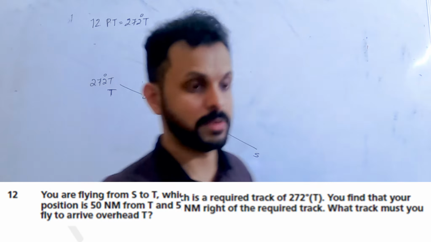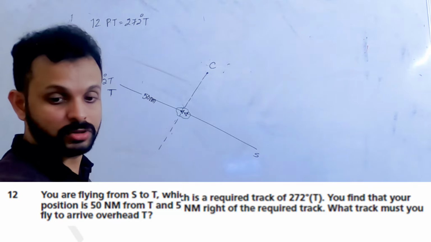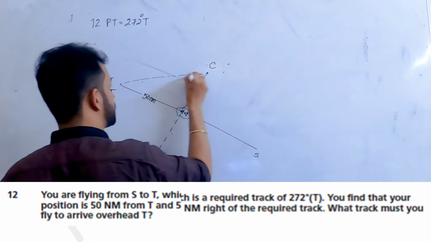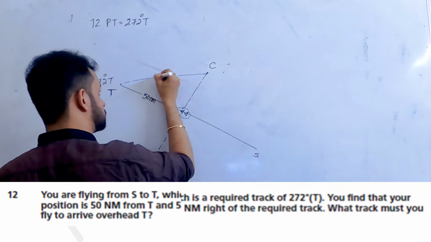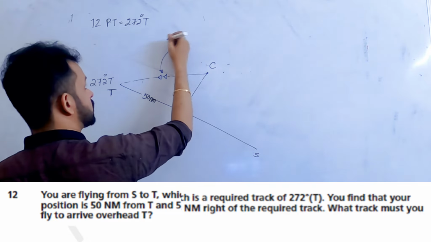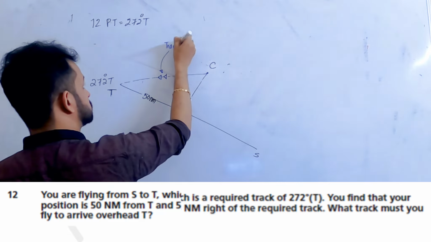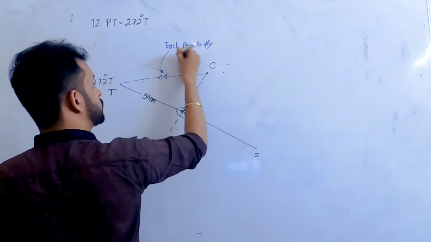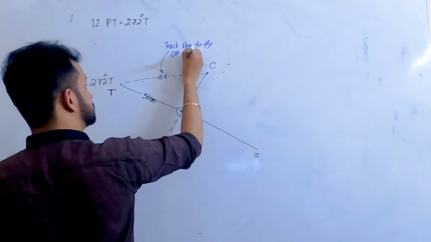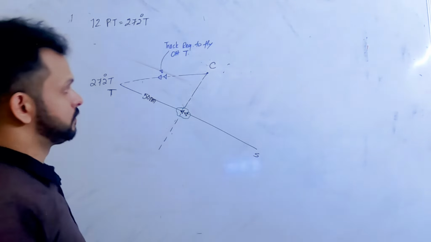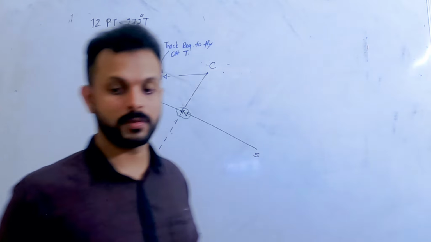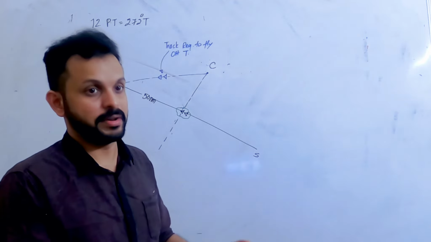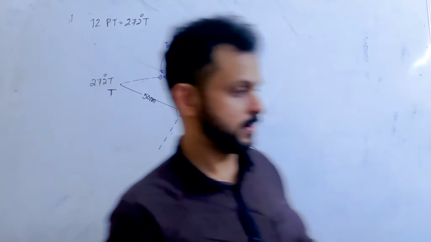That's nothing different from the previous question. The track which you're supposed to fly to reach overhead T. So I'll give you some time. You can try this. Track required to fly overhead T. So now you know where to look. Track error doesn't really matter.